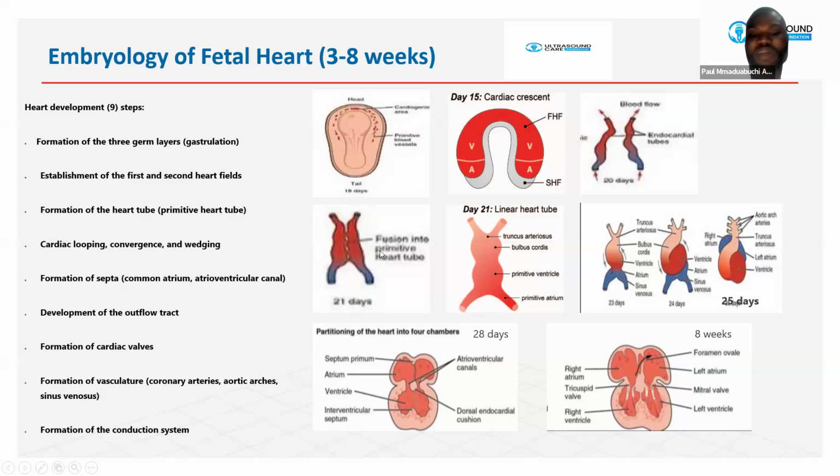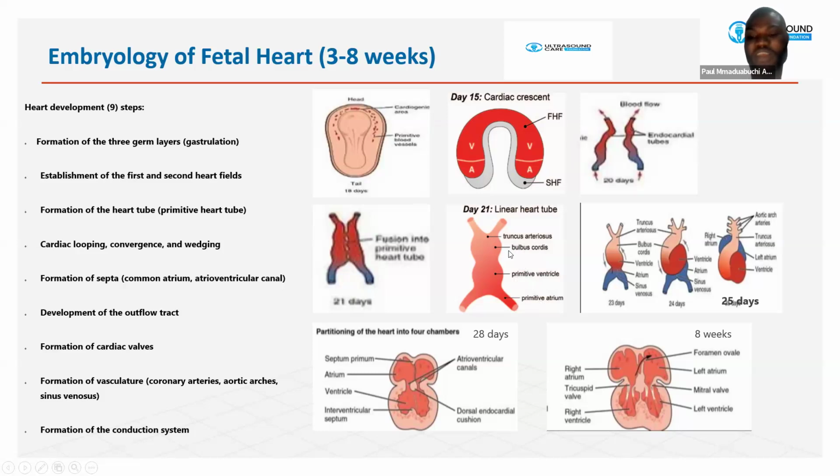So at day 21, you have the endocardial tubes being formed, and you have what we call the primitive heart tubes. And the primitive heart tubes are being divided into 4 areas, where you have your truncus arteriosus, the bulbus cordis, the primitive ventricle, and the primitive atrium.